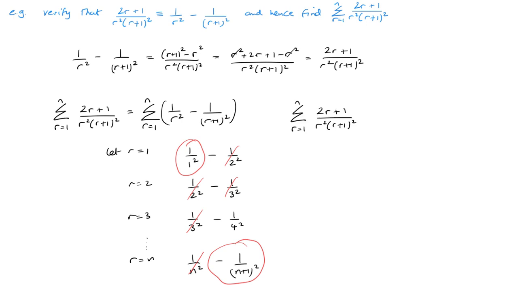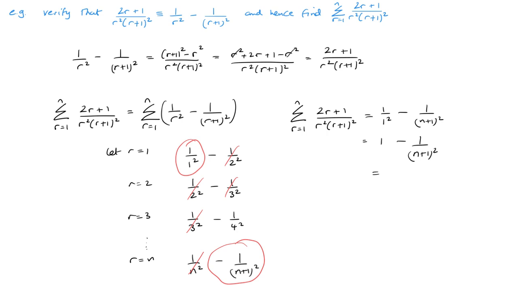So I can say that this equals 1 over 1 squared minus 1 over (n plus 1) squared. And then we want to simplify it, because we've got 1 minus 1 over (n plus 1) squared.